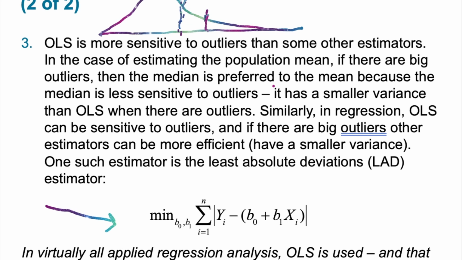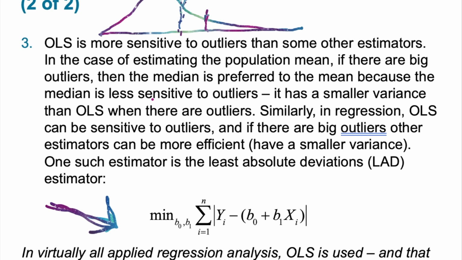Similarly, in regression, because OLS is sensitive to outliers, like the mean is sensitive to outliers, if you have big outliers, other estimators can be more efficient, which means they can have a smaller variance. And one such estimator is the least absolute deviations estimator. This one right here.